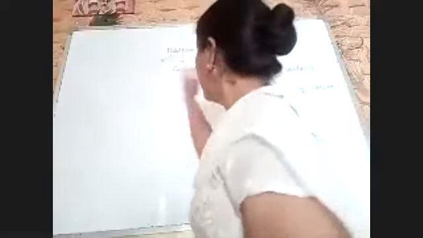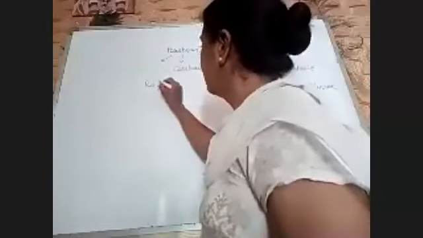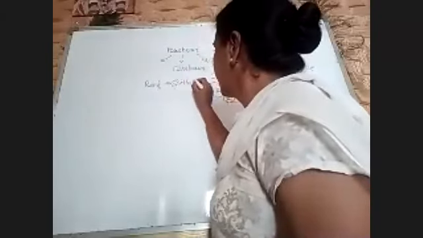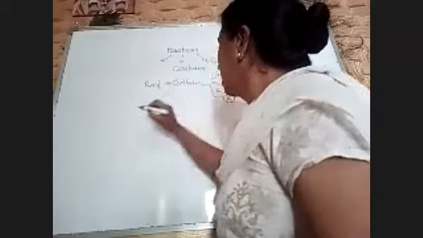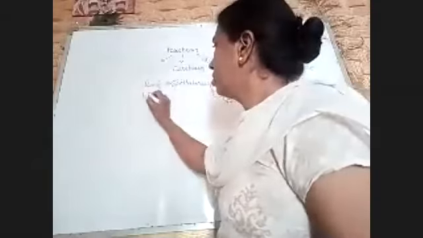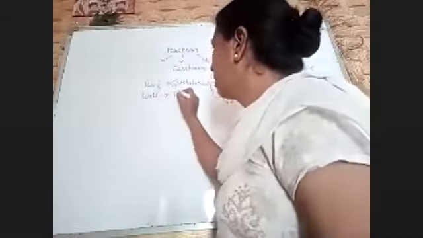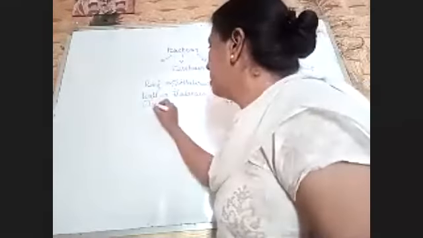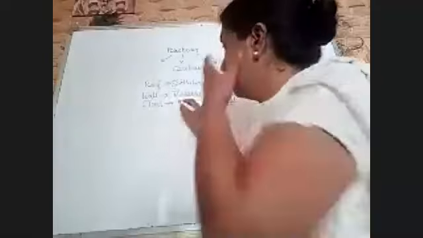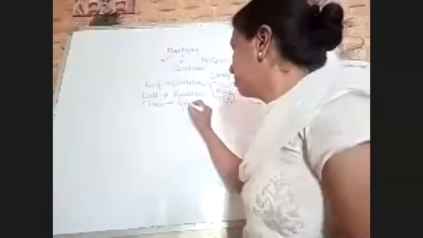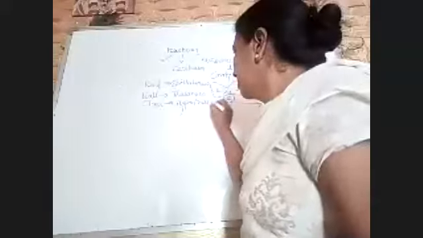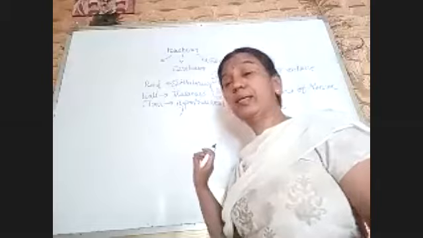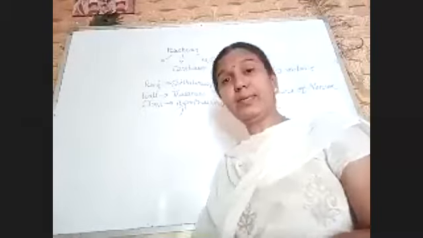The roof of this diencephalon is made up of epithalamus. Then the lateral walls are made up of thalamus, and the floor of this diencephalon is made by the hypothalamus.